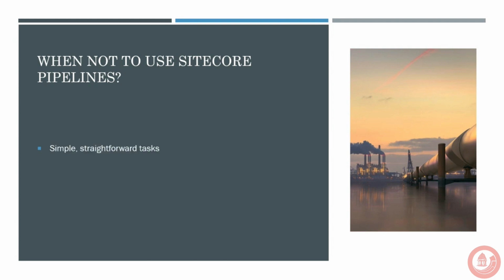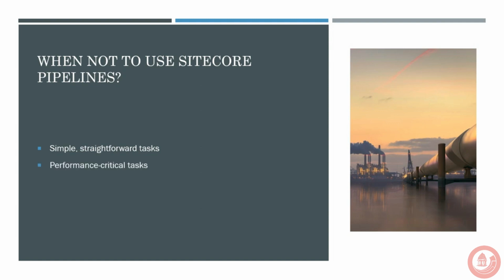For example, if you have to implement a very simple or straightforward task, it may not require a pipeline. If you just need to update a single item, you could do it directly without creating a pipeline. So for simple things, don't write pipelines.